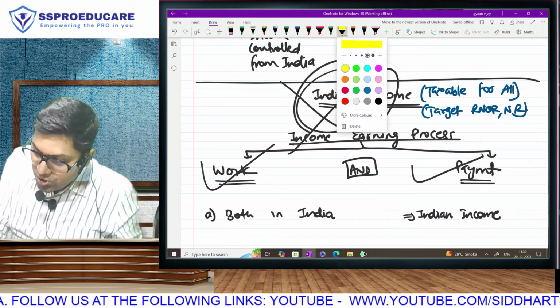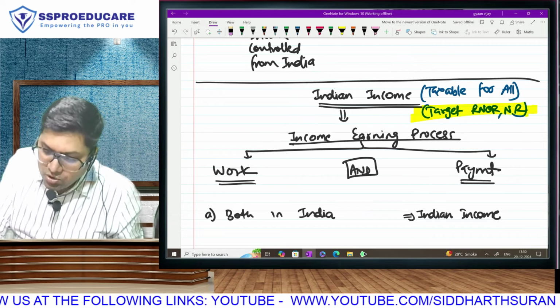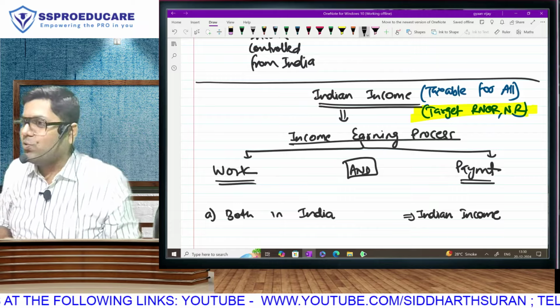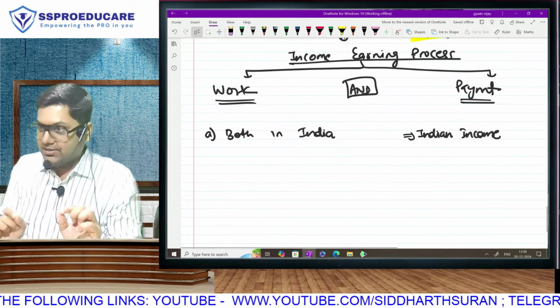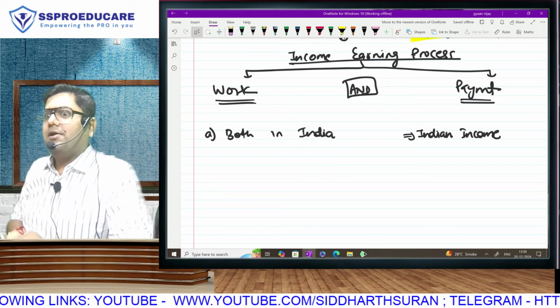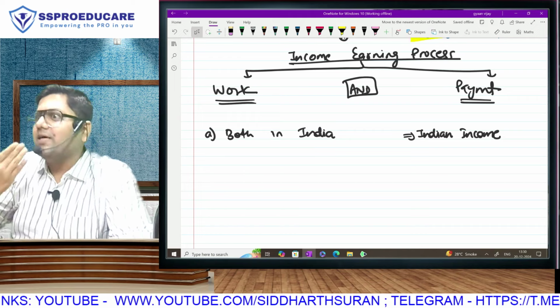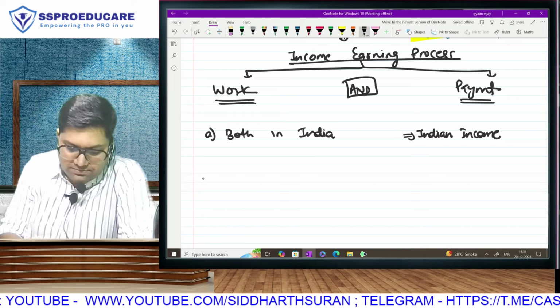You have to be clear in your mind throughout that this concept is being taught to you to target non-residents who are otherwise not paying tax in our country, but we will take tax from them if they have earned Indian income. When both activities are done in India, obviously it is Indian income.